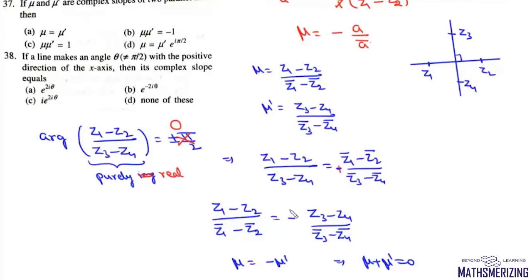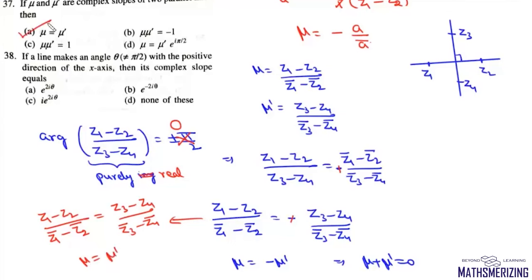So we won't have this minus sign here. From this we can write Z1 minus Z2 upon Z1 bar minus Z2 bar will be equal to Z3 minus Z4 upon Z3 bar minus Z4 bar. That is, mu is equal to mu dash, and that's your option A.